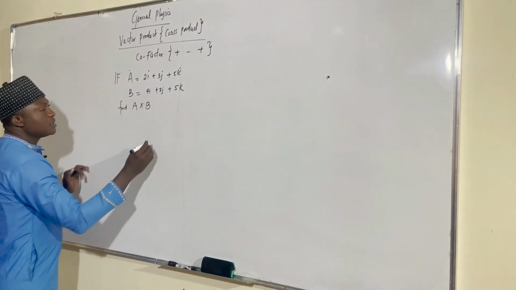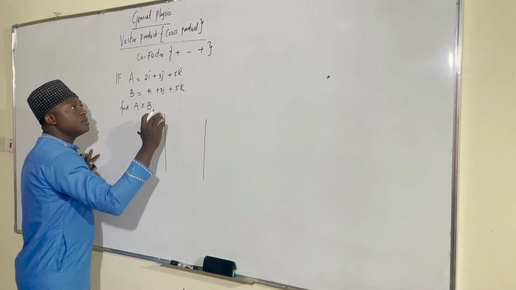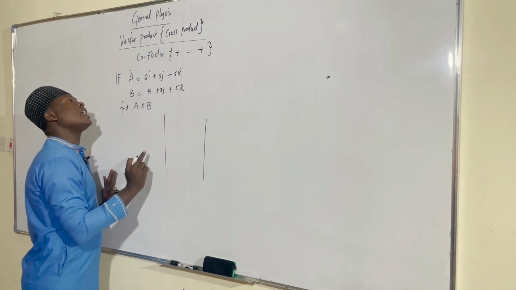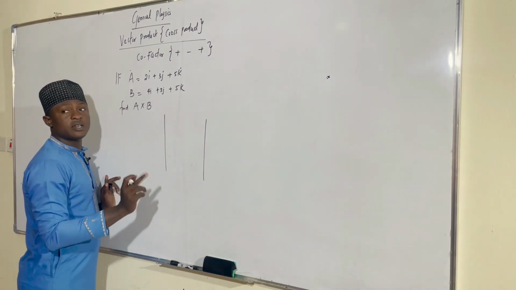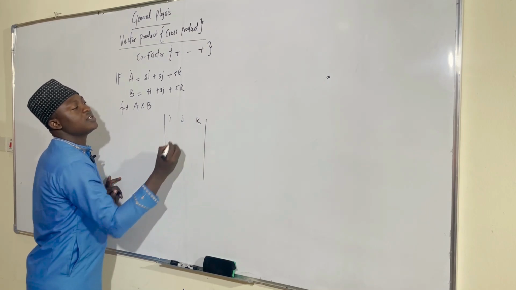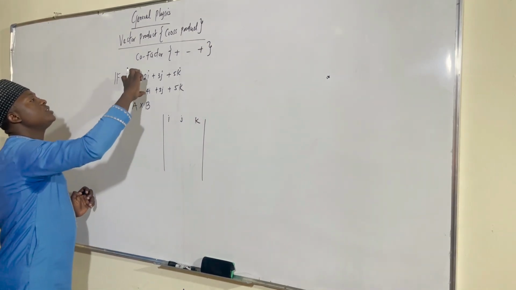So how are we going to do that? Draw something like this. In the problem we have three directions, right? We have i, we have j, and we have k. So let's bring it out. The next step is we take the numbers that have i.